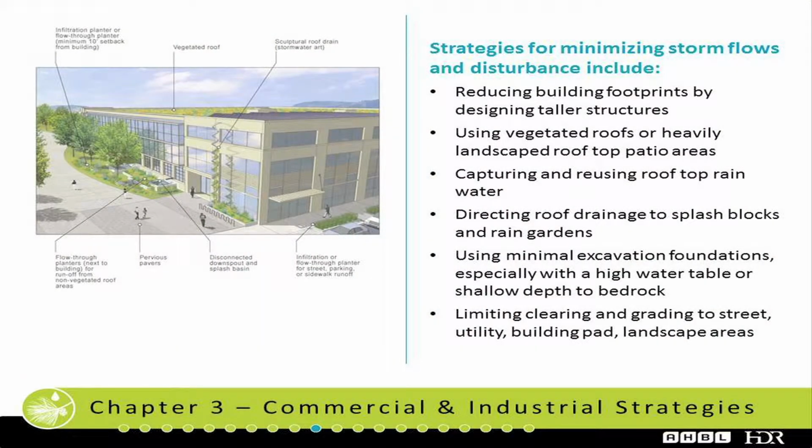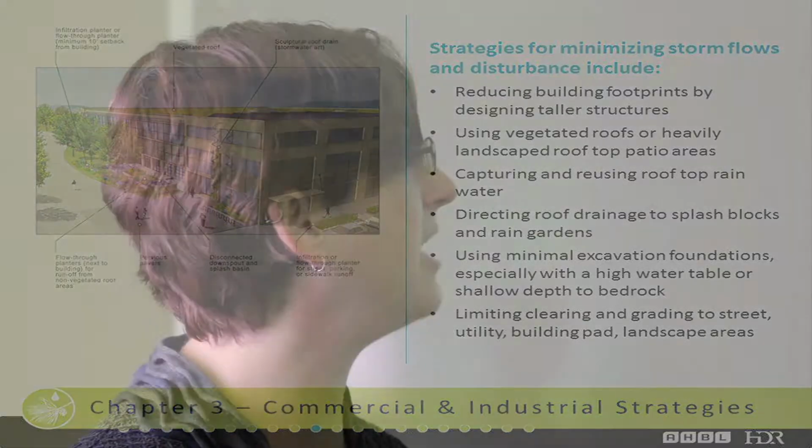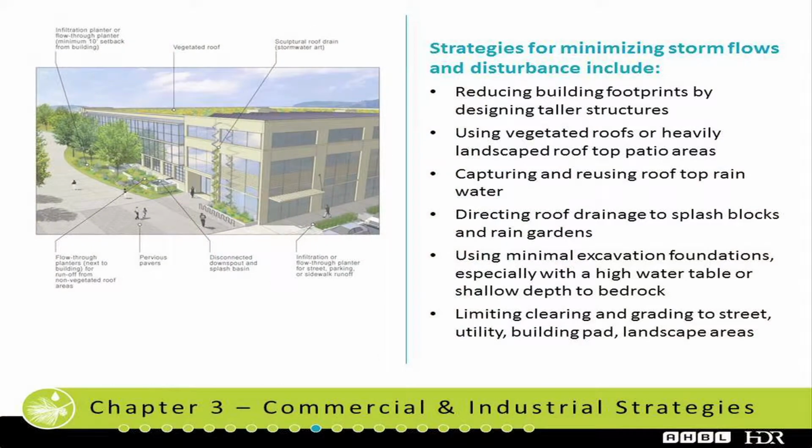Another strategy that lends very well to buildings is capturing and reusing rooftop rainwater. Cisterns can be a good way to do that. Directing rooftop drainage to splash blocks and to rain gardens would be a way of turning impervious area into non-effective impervious area by disconnecting it from the pipe system and routing it to these softer facilities.